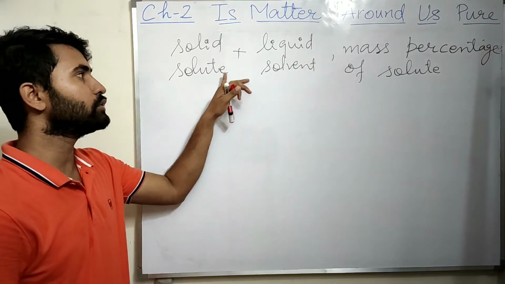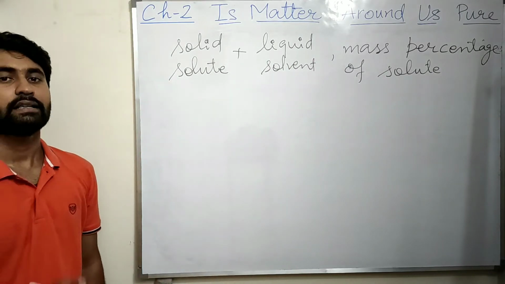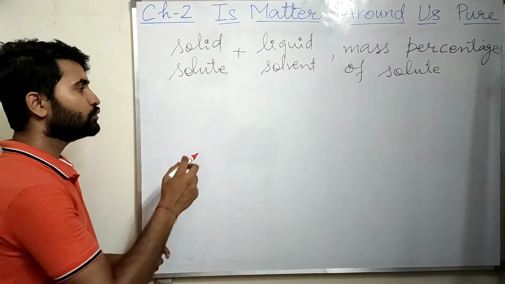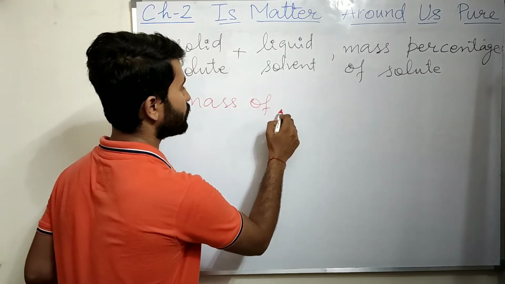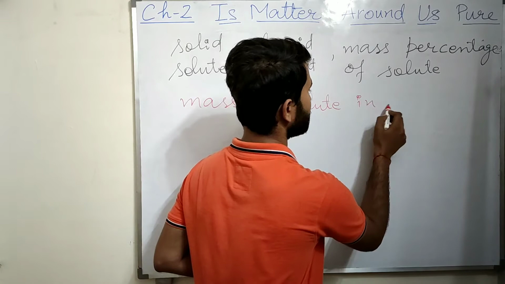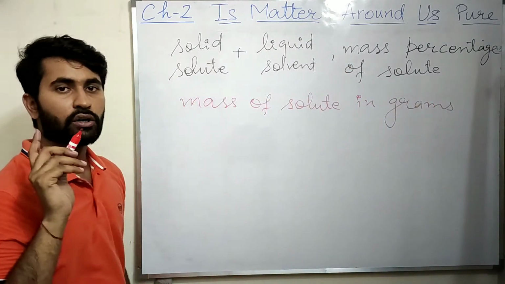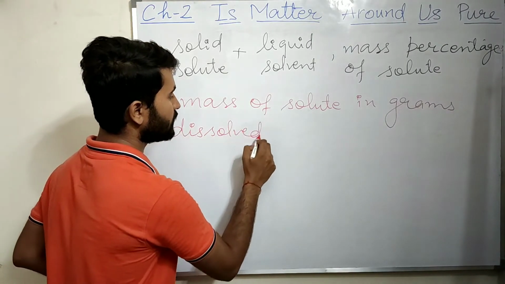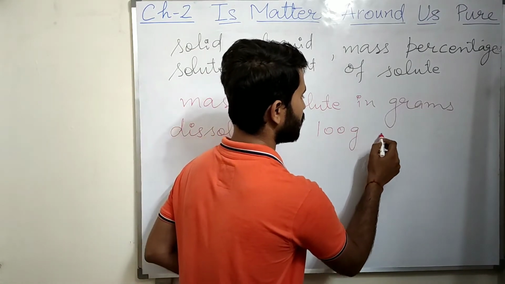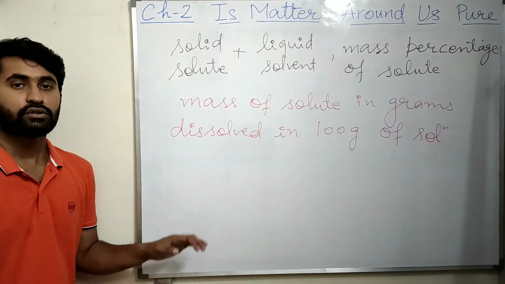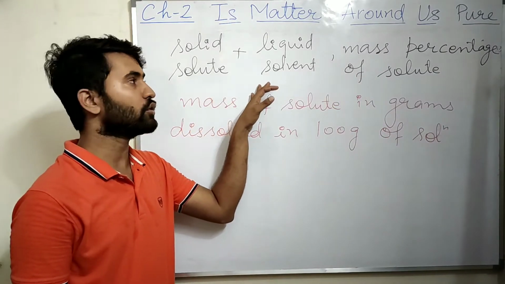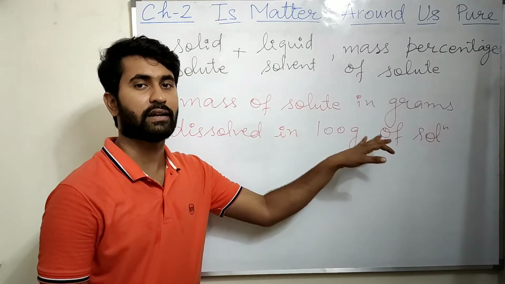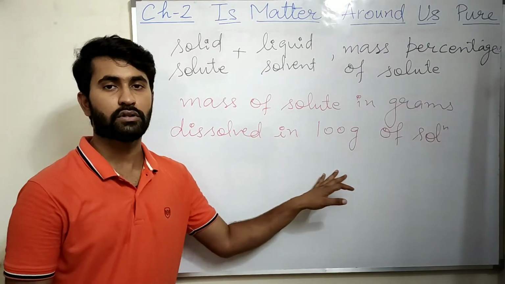For a solid solute dissolved in a liquid solvent, the concentration of a solution is defined as the mass of solute in grams dissolved in 100 grams of solution.